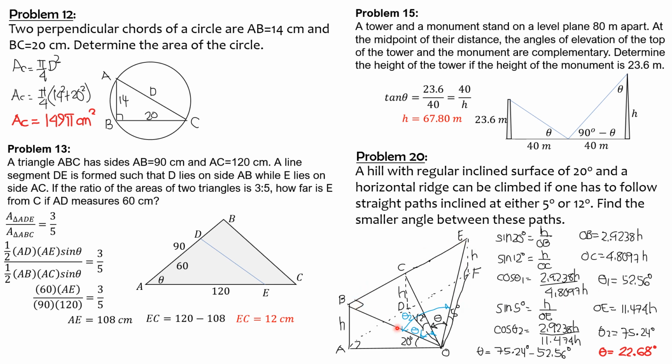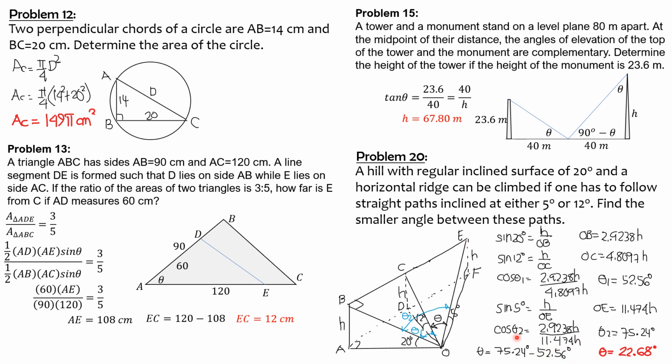Likewise, in this big right triangle OBE, let's compute first OE in terms of h. So sine of 5 degrees equals opposite h over hypotenuse OE. So OE is 11.474h. Then finally, in this right triangle OBE, cosine of theta 2 equals adjacent side OB divided by OE, 11.474h.